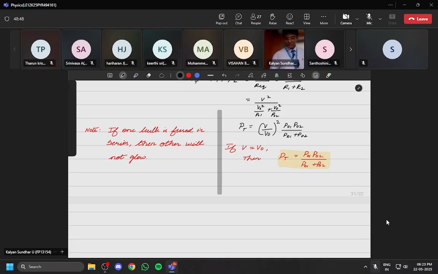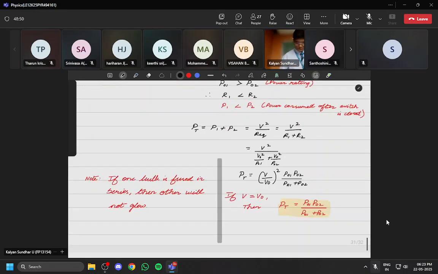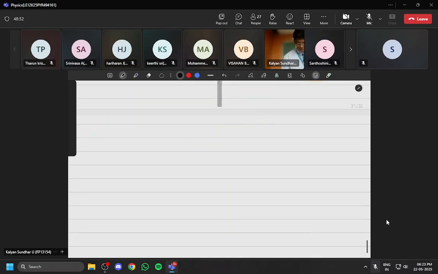Right. Next one is that when two bulbs are connected in parallel.